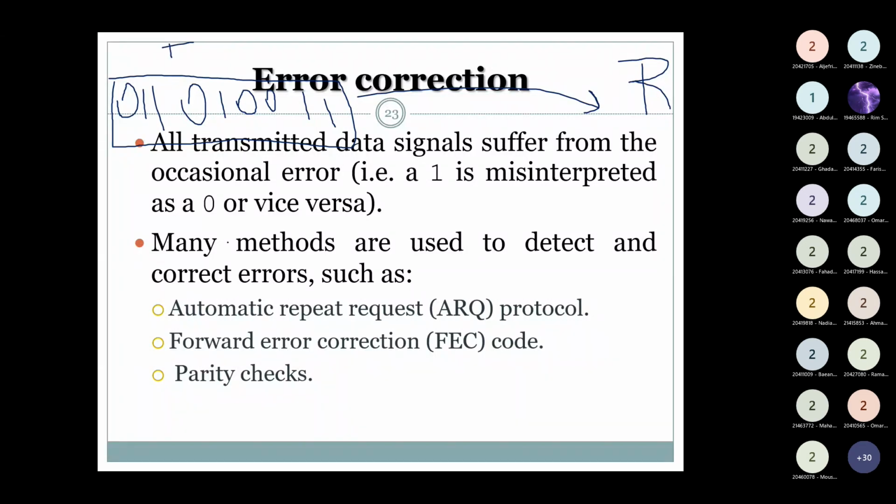All the transmitted data signals suffer from the occasional error. What is the occasional error here? The 0 is interpreted as a 1 and the 1 is interpreted as a 0. Many methods are used to detect and correct these errors, and among them we have the automatic repeat request, the ARQ protocol, the forward error correction code, the FEC, and the parity checks.